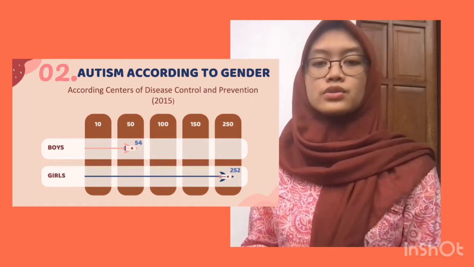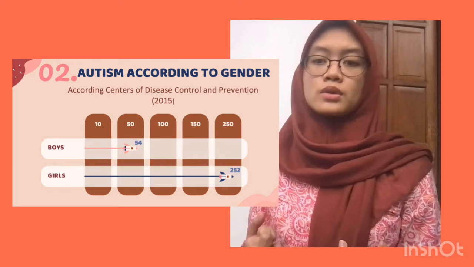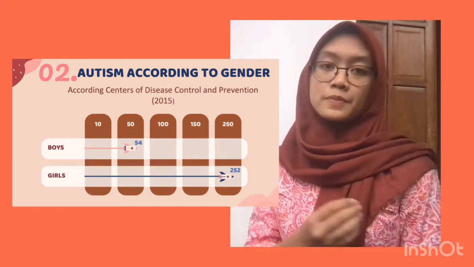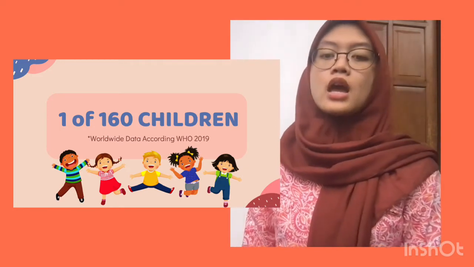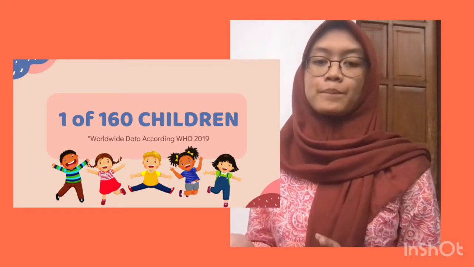And just to let you know, the main cause for ASD so far is genetics or chromosomal conditions. But why it occurs more commonly in boys is still being researched. According to the World Health Organization in 2019, 1 in 160 children worldwide had autism.